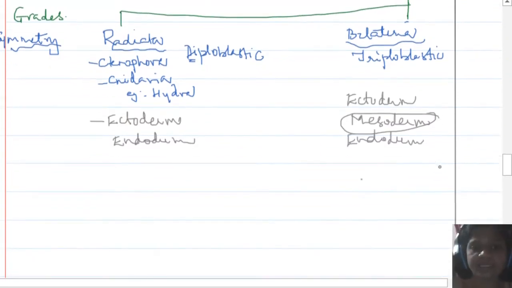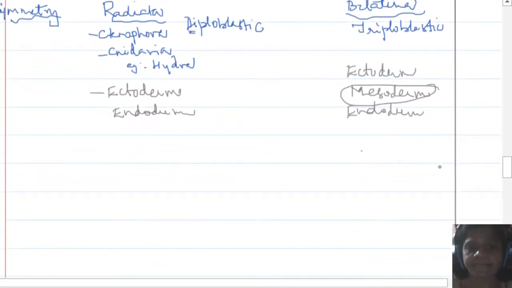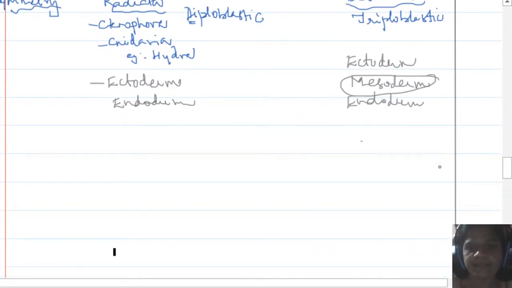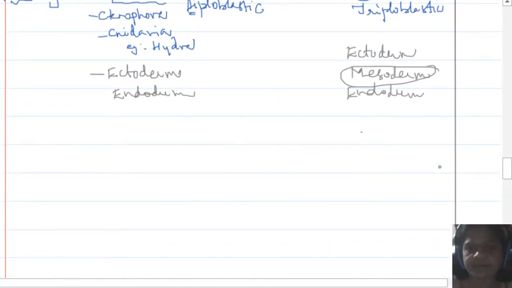That is grades. Now below this grade, you have division. So this is again divided into two.